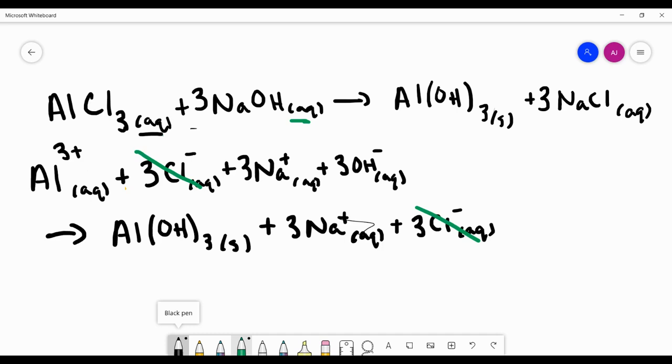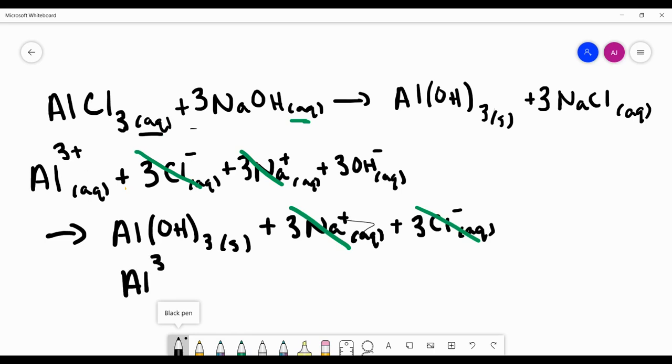Next up, 3 sodium ions on the reactant side, 3 sodium ions on the product side. No change there, so I'll cross those out. The aluminums and hydroxide on the reactant side are individual ions, but on the product side, they've come together to form a new substance. So I'm going to write those because there's a change there. So here is my net ionic equation.